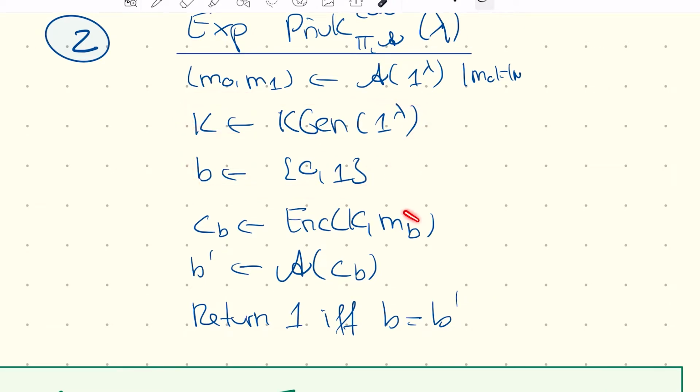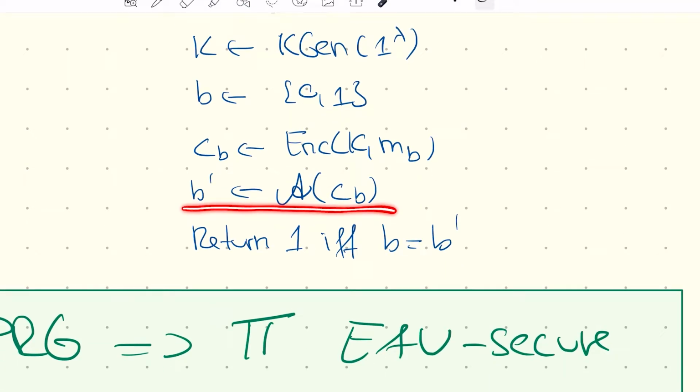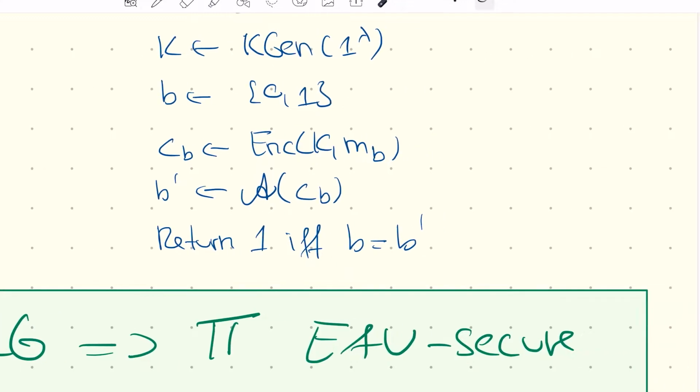Once we created this challenge ciphertext, it is given to the adversary here. Now the adversary has to tell us whether the ciphertext contains the encryption of M0 or M1. If it succeeds, which is represented by this condition here, the adversary essentially outputs the correct bit and wins the game.